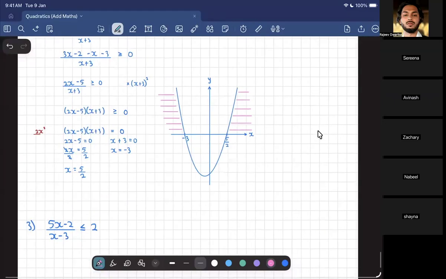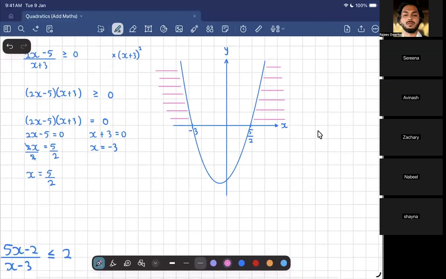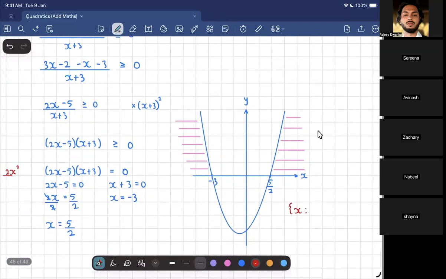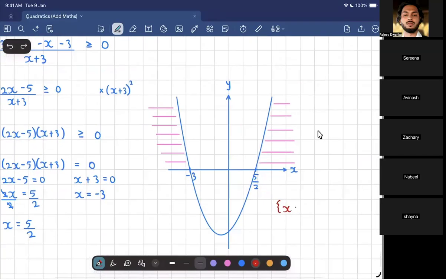Right. So help me write my solution. I'm going to say that x is such that x is less than minus 3. I see you didn't make the mistake. Can you say x is less than or equal to minus 3?